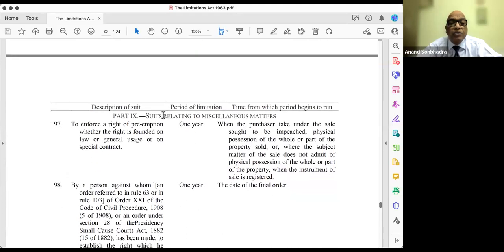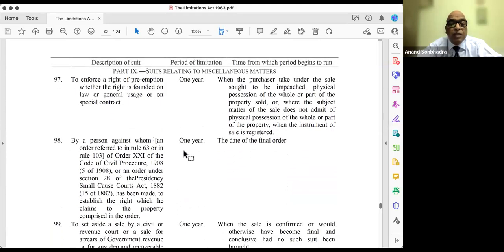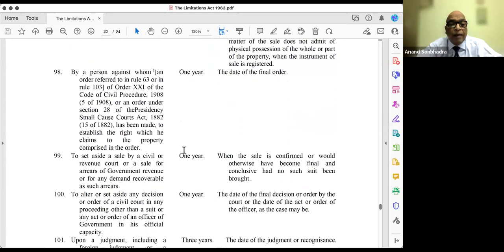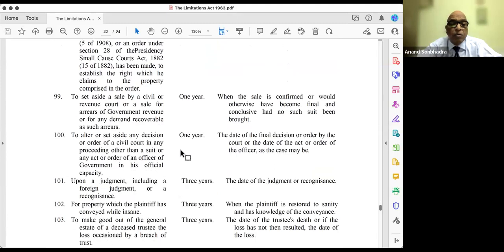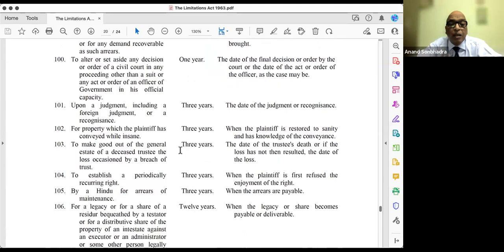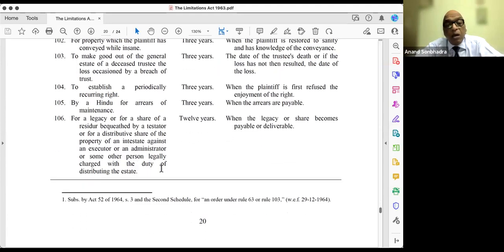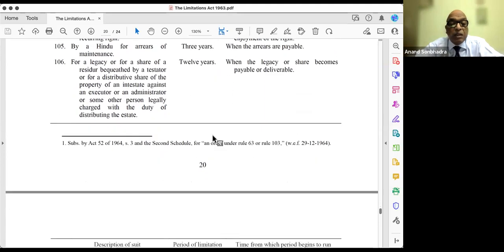Part 9 deals with suits relating to miscellaneous matters under the suits category. And for all miscellaneous matters, 1 year to 3 years time period has been prescribed. And of course, anything which relates to an estate or immovable property, then again we see 12 years.